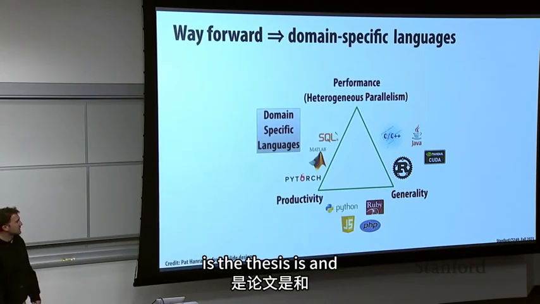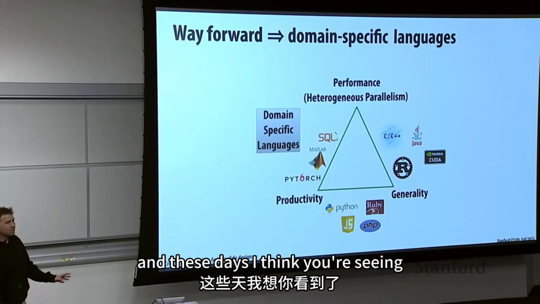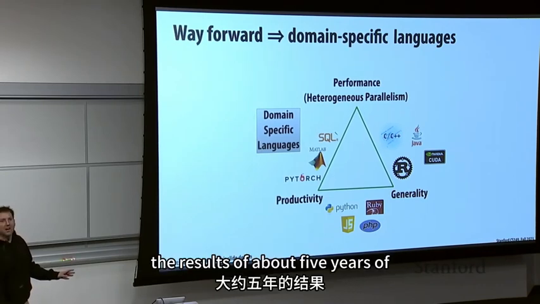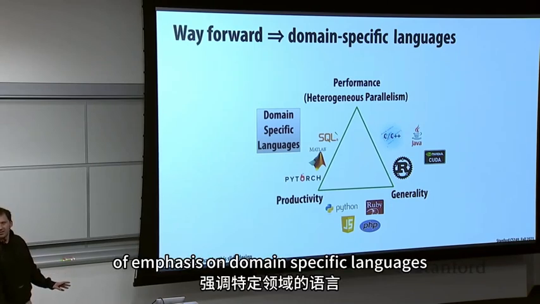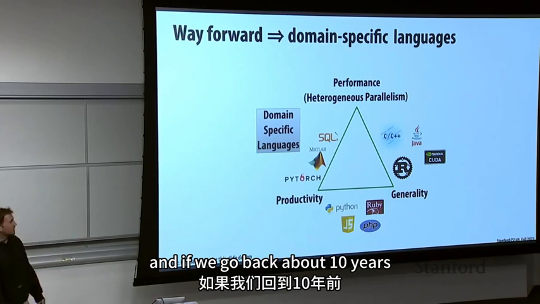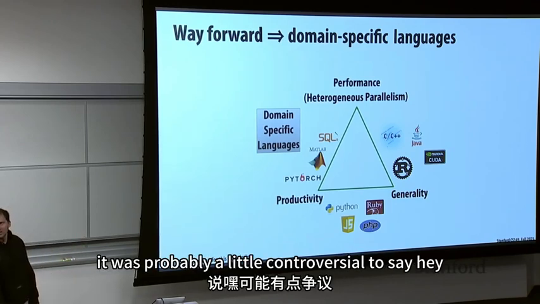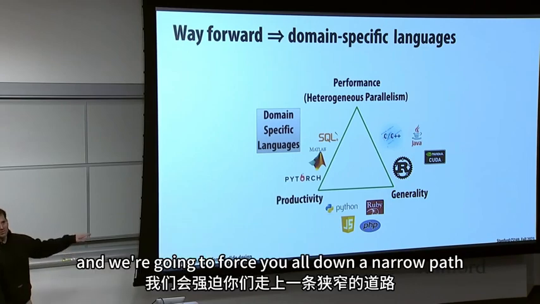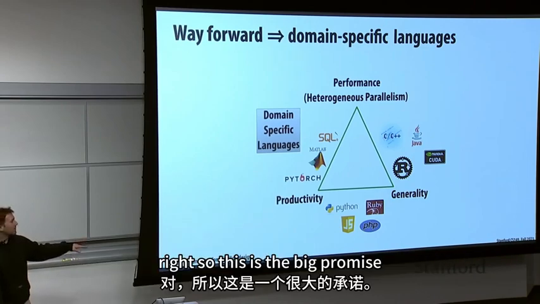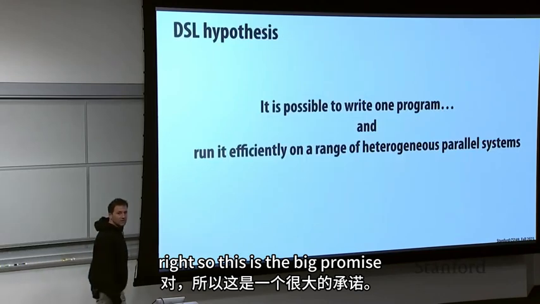The thesis is, and these days I think you're seeing the results of about 5 to 10 years of emphasis on domain-specific languages. If we go back about 10 years, it was probably a little controversial to say, hey, we're going to give up on the flexibility of C, C++, Java, and we're going to force you all down a narrow path, right? So this is the big promise.